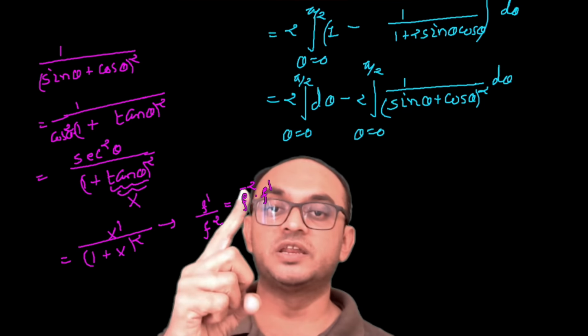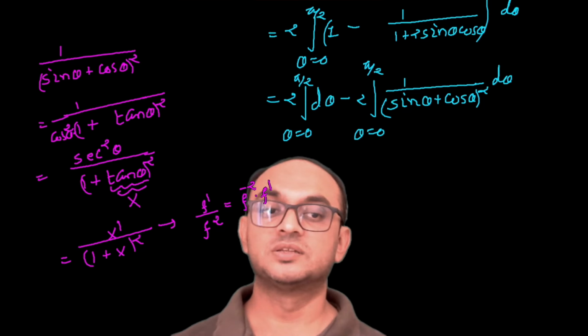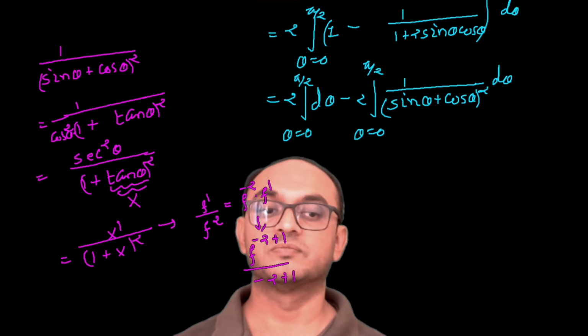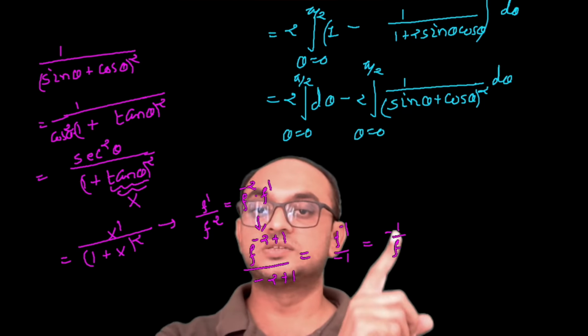Now what is the integration of this kind of function? The integration is f raised to minus 2 plus 1 divided by minus 2 plus 1, which is equal to f raised to minus 1 upon minus 1. This is nothing but minus 1 upon f.